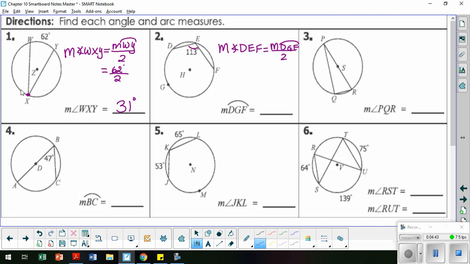So we know that the measure of the angle is 113 degrees. I'm going to make this x to make it a little easier. How do we solve for x? Multiply by 2. Now we'll go back to the measure of arc DGF, which is going to equal 226 degrees.